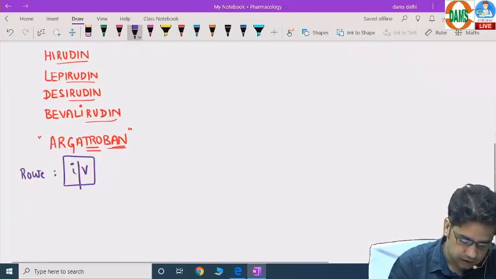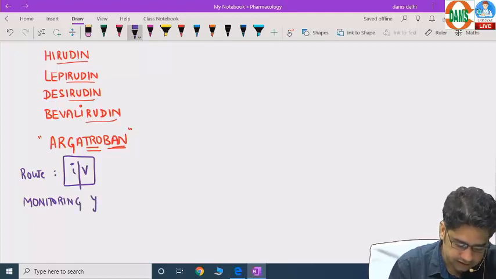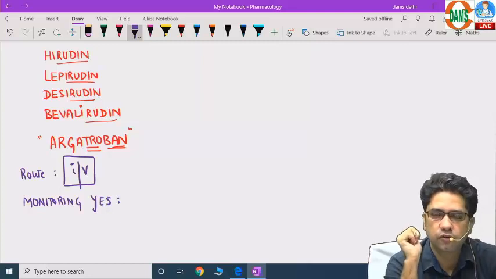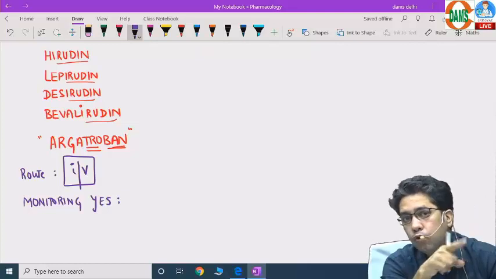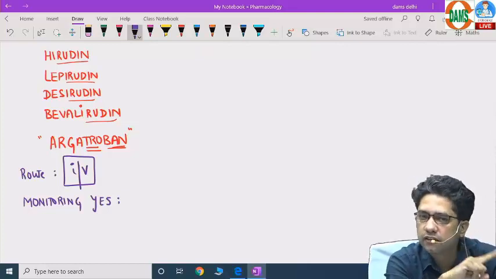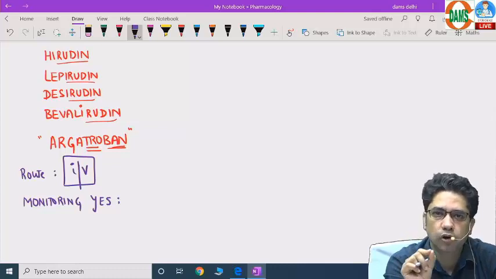So tell me, will it require monitoring? Yes. Because it is an intravenous drug. Second point you have to remember: in oral anticoagulants we were giving warfarin, and warfarin requires PT monitoring.